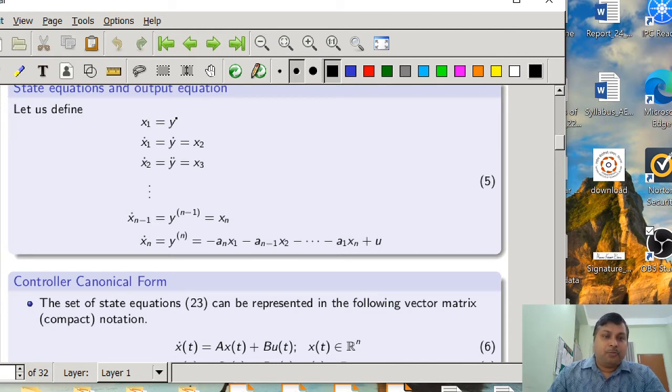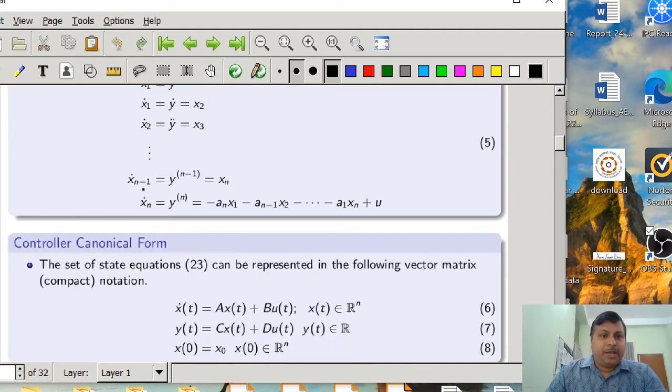Now we want to represent this set of differential equations in a block diagram, and from there we will find the state space representation. So let us find the block diagram representation of these state and output equations, defined in equation number 5.